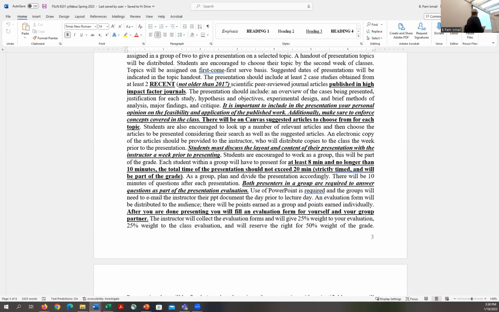Do not do that. So you want to show that you are working as a team. You want to have good balance, and then you'll be asked questions. Each one of you should be able to answer questions related to any of the publications or manuscripts that your group is presenting.